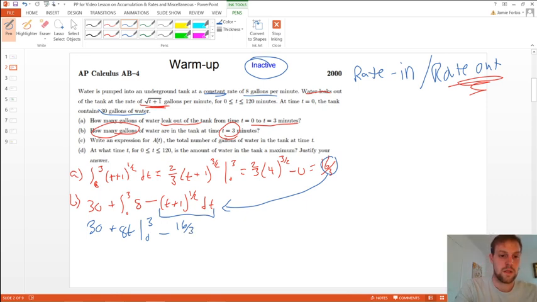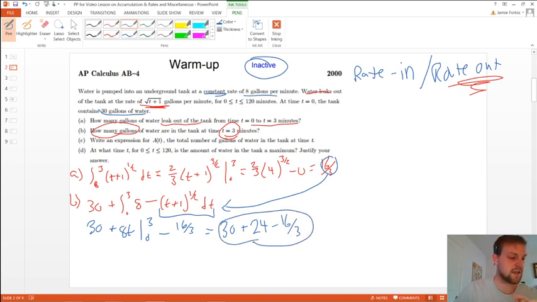So plug 3 in for t, 0 in for t for the 8. That's just 8 times 3, which is 24. So this is 30 plus 24 minus 16/3.